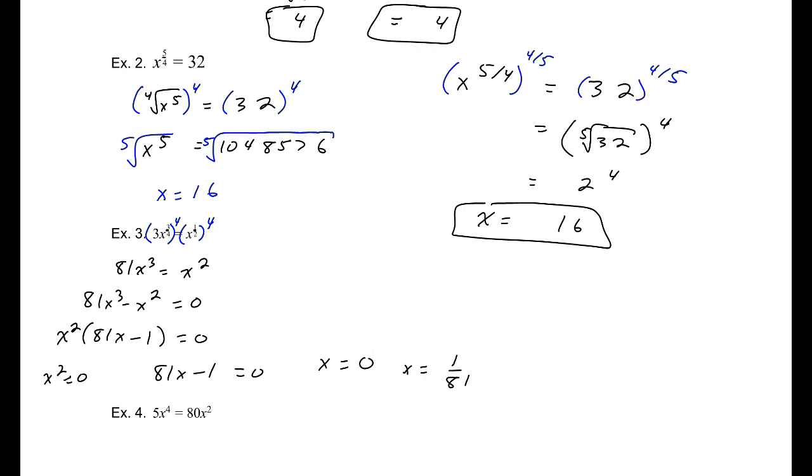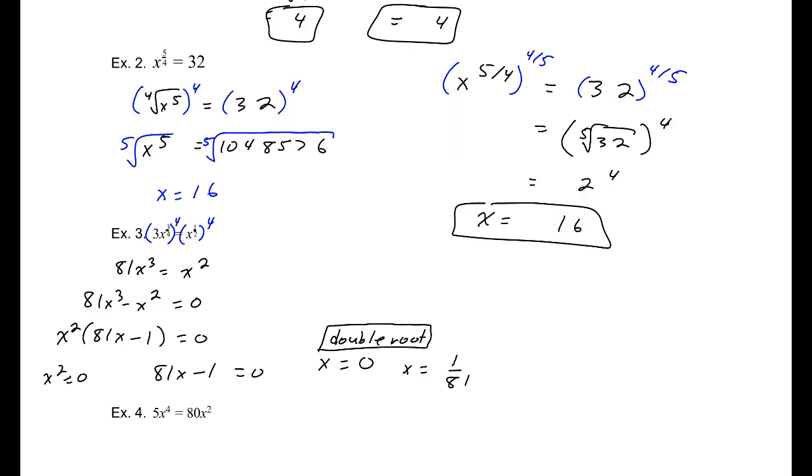Now, this was a cubic, from what I determined right here, so there should be 3 solutions. But for x squared equals 0, there are actually 2 solutions to that equation, 0 and 0. So x equals 0 is what we call a double root, or a double solution.